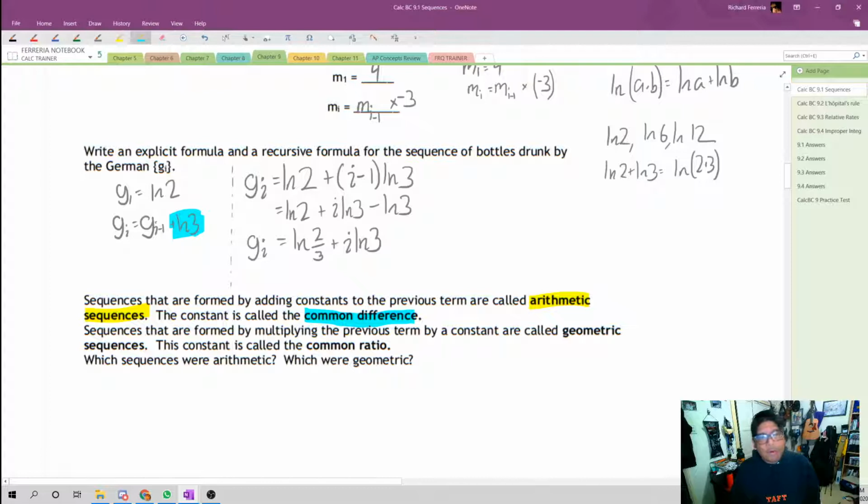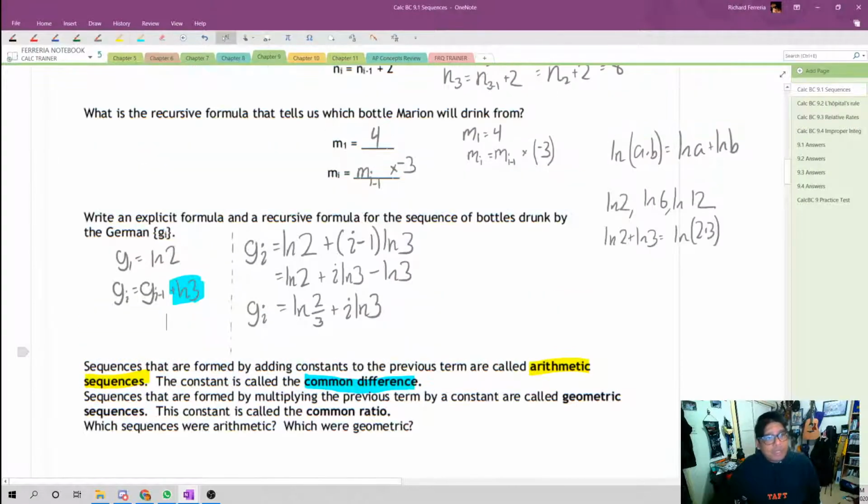Sequences that are formed by multiplying are called geometric sequences. And a geometric sequence is like the sequence of Marion that we had here. And what we keep multiplying, that constant, that's called the common ratio.